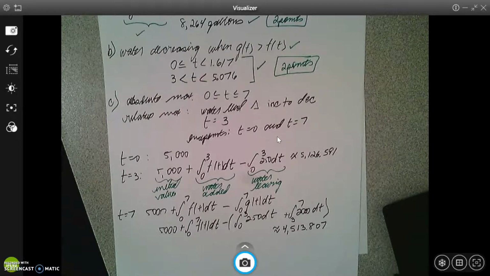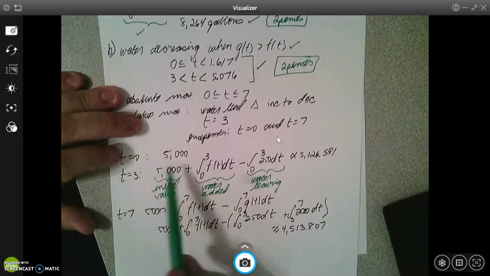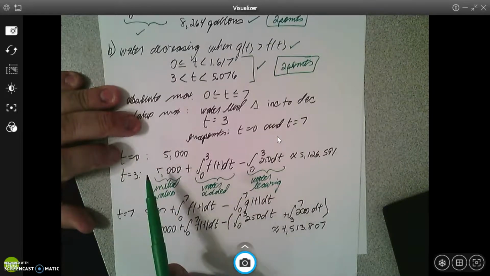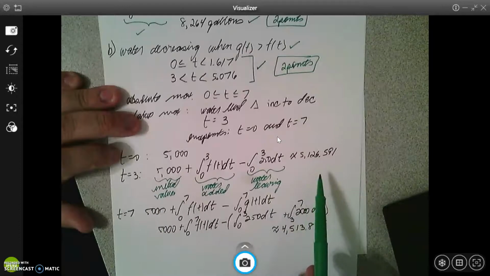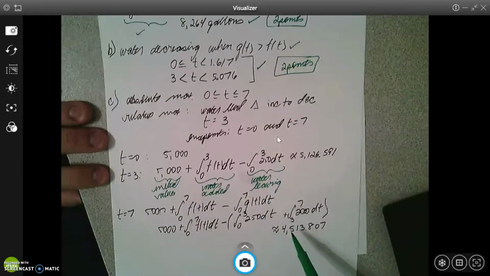To answer the question, we need to know, the question was, when is the amount of water in the tank greatest? Well, is that at time 0 where you have 5,000 gallons? At time 3 when it's 5,126 gallons? Or at time t equals 7 when you have 4,513 gallons?